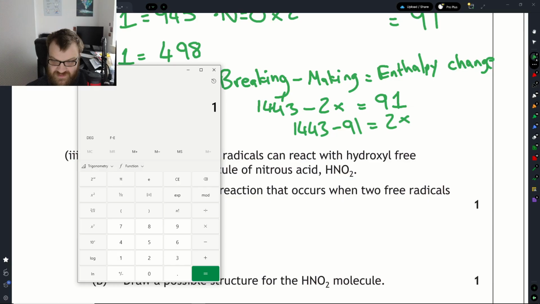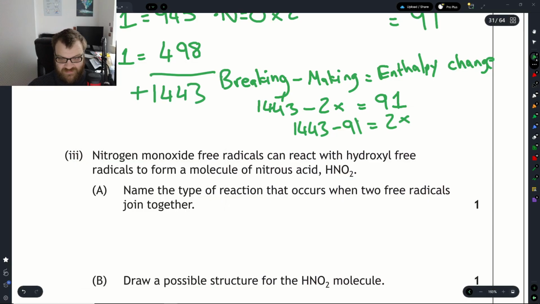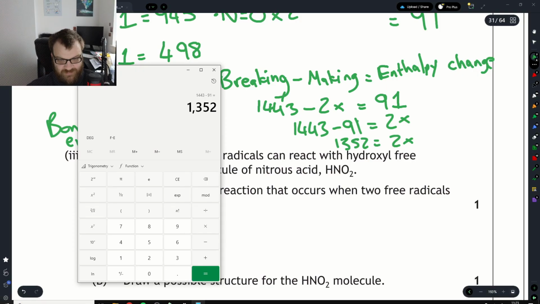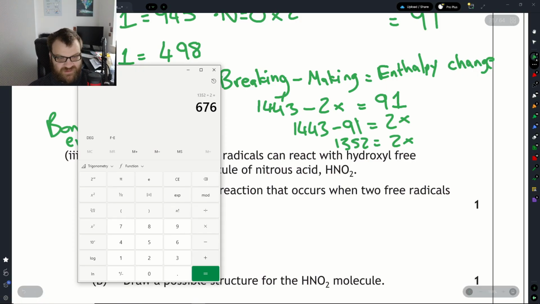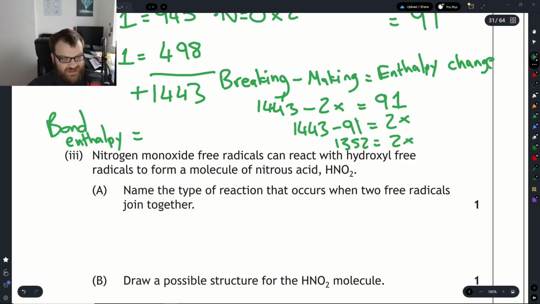So when I take those two numbers away from one another, 1352 equals 2x. So if we just want to know what the value is for just one of them, so the bond enthalpy, half of 1352, divide this by 2 to give us 676. Going to be a positive number.